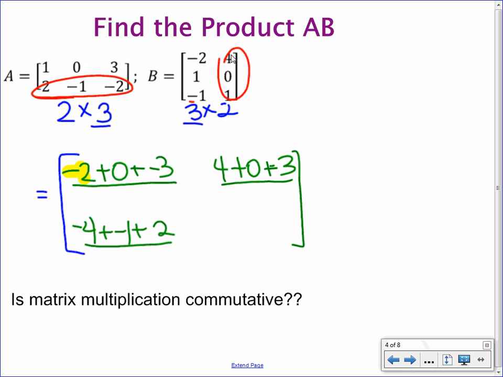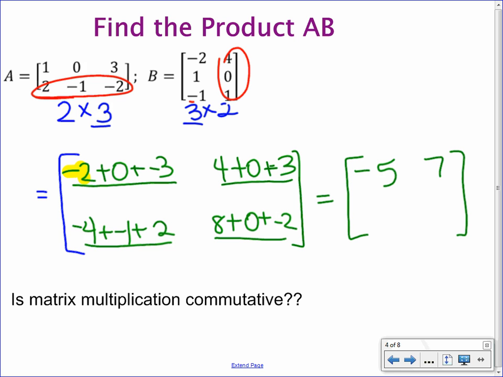We're going to match 2 and 4, negative 1 and 0, negative 2 and 1. So our 2 by 2 matrix is negative 5, 7, negative 3, 6.